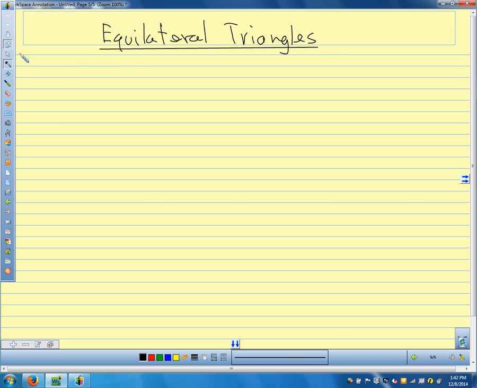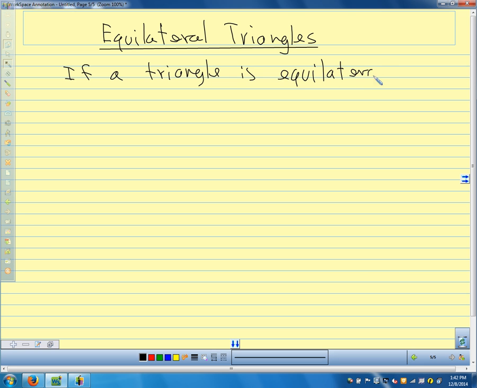What does equilateral mean? All sides are the same. Equi means equal, lateral means side. So our first theorem: if a triangle is equilateral, then it is equiangular.